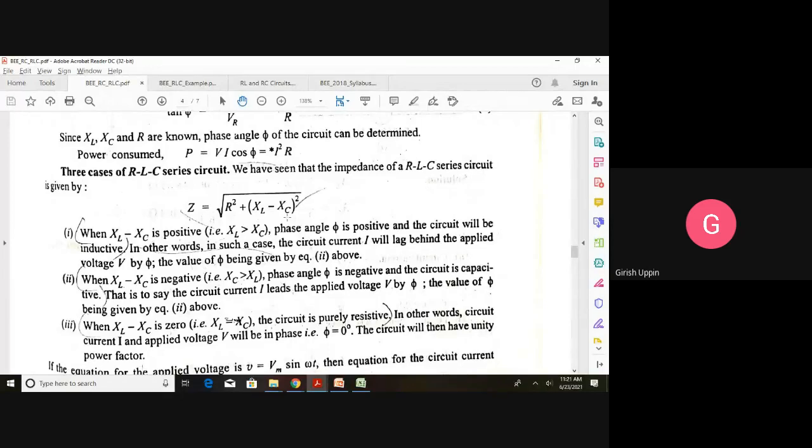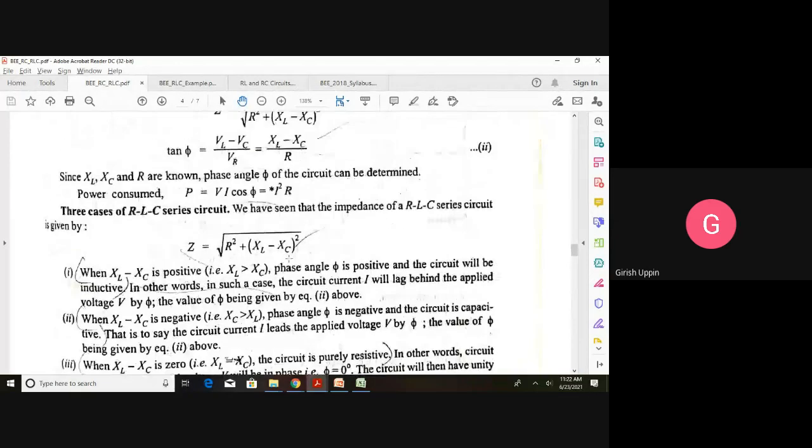So it is more inductive. The phase angle phi is positive and the circuit will be inductive. In such a case, the current I will lag behind the applied voltage V by an angle phi, the value of phi being given by equation 2 above. So already we calculated the phi.